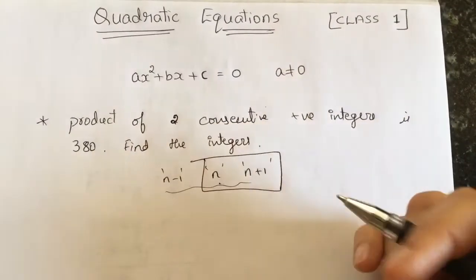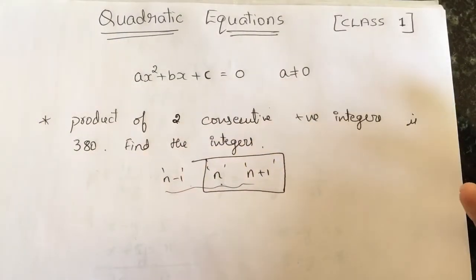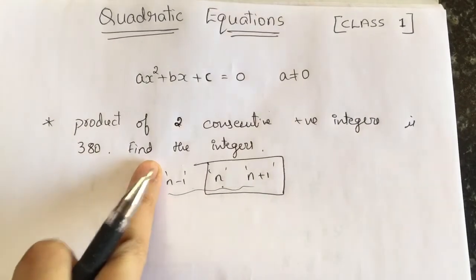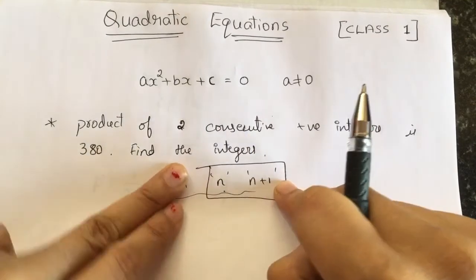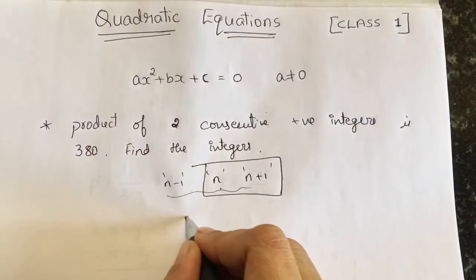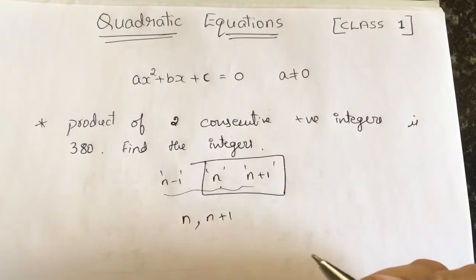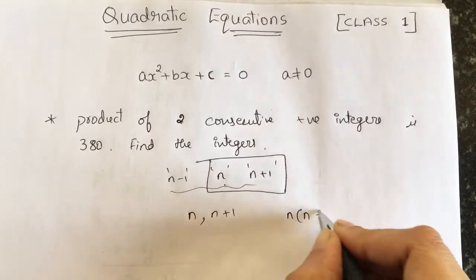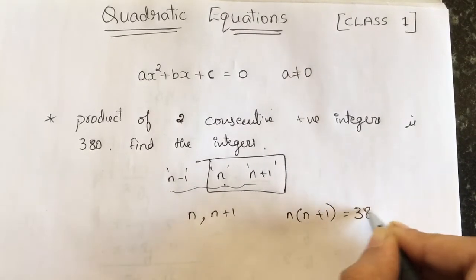Now the product of two consecutive positive integers is 380. We need to find those integers. Suppose n and n plus 1 are my integers, then their product is given: n into n plus 1 is equal to 380.